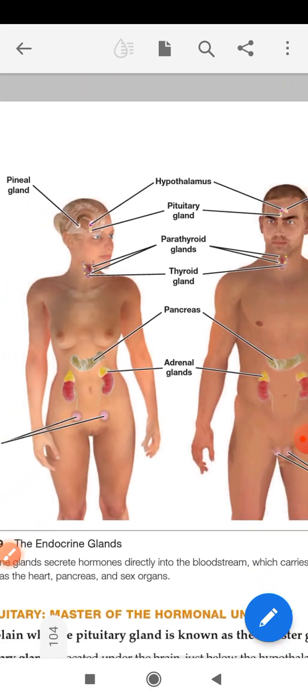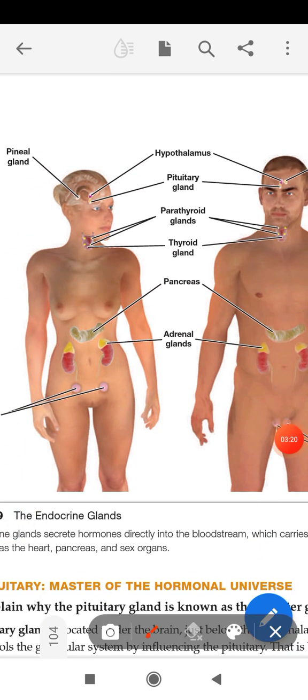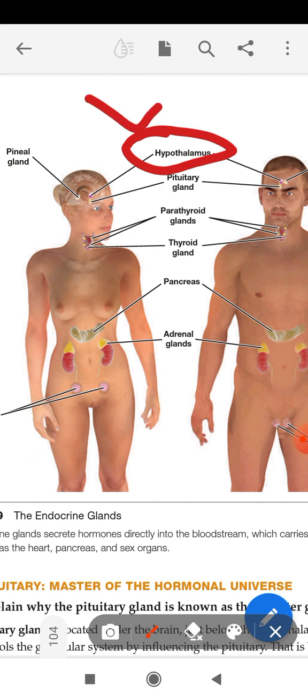This is the location of some glands from where hormones are released directly into the bloodstream. First one is the hypothalamus. This is not a gland; this is a part of our brain about which we will study further. Hypothalamus is a part of our brain which is involved in controlling emotions via the glands.